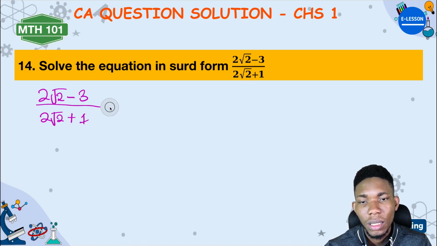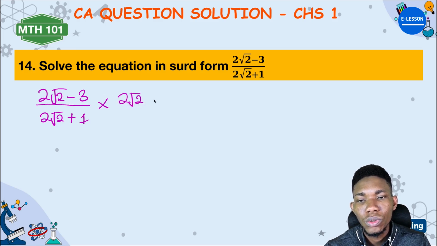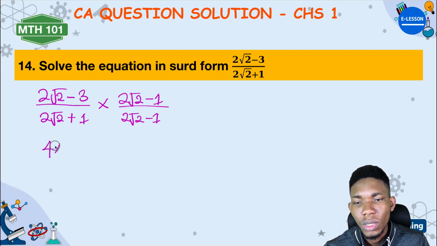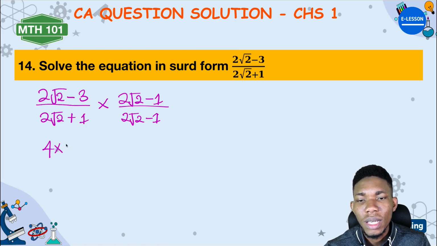Is that okay? So this will be times 2 root 2 minus 1 divided by 2 root 2 minus 1. Use this to multiply this, my dear student. First, 2 root 2 multiplied by 2 root 2. 2 times 2 will give us what? 4. Times root 2 times root 2 will give us what, my dear students? 2.